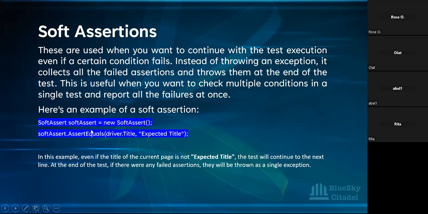In the example of soft assertion, you have to initialize the soft assert, like we normally do when we want to call a page in the step definition. So it will be softAssert.Equal driver.Title, expected title. Even if the title of the current page is not the expected title, the test will continue to the next line. At the end of the test, if there were any failed assertions, they will be thrown as a single exception.